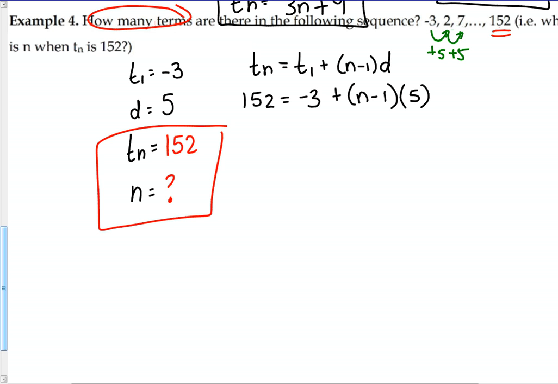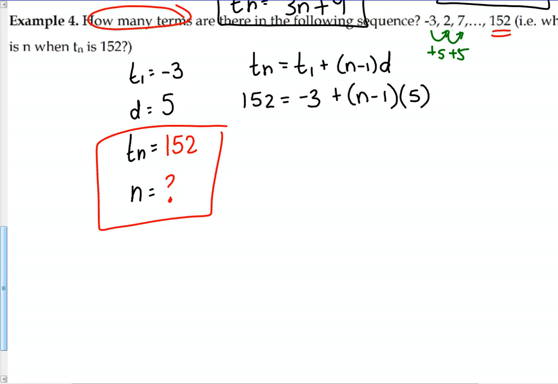Sure, just algebra. First step, just like before. Where do I want to begin? That second step, close.